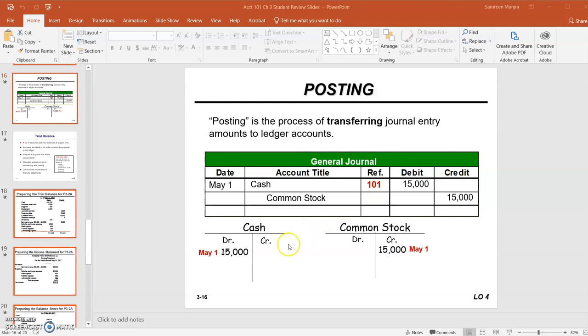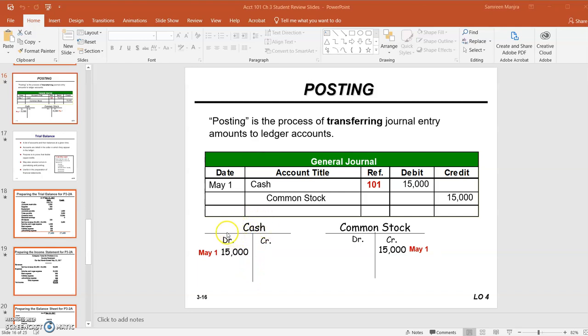So the process of posting involves taking the information from that journal entry and including this in the general ledger. And in this class, we use the T account format, which looks like the letter T with the name of the account on the top.